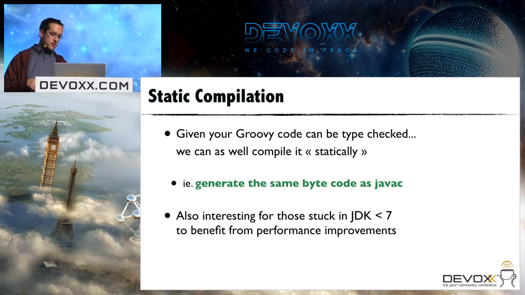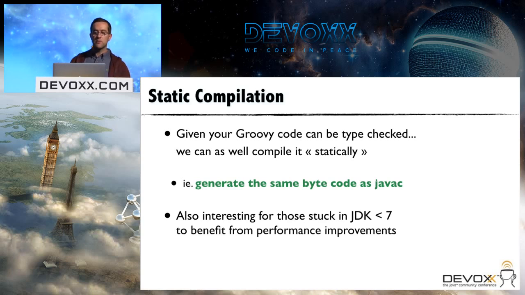Given that you can statically type check your Groovy code and have the same kind of compiler feedback as with the javac compiler, what about compiling it statically and generating the same kind of bytecode that the javac compiler generates? For those who are not lucky to be running JDK 7 in production, to benefit from the JDK 7 invokedynamic instruction to get some performance improvements, you can still get quite awesome performance improvements by using static compilation.